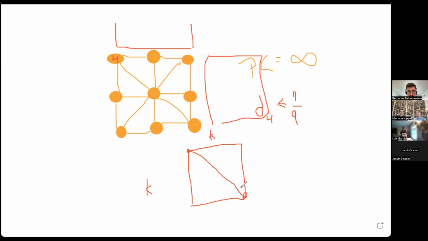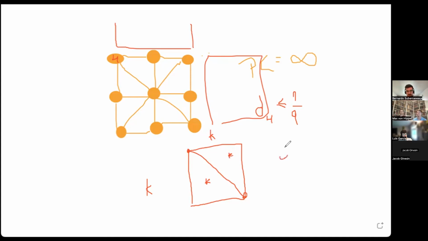Because you can take the diagonal edges now. So the maximum distance here, I guess, is K, which means that you can only have the number K in this K by K square at most once. If you had it somewhere else, then there would be a distance smaller than K, which would break the rules.